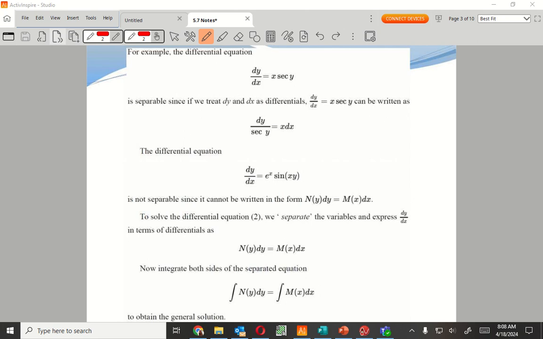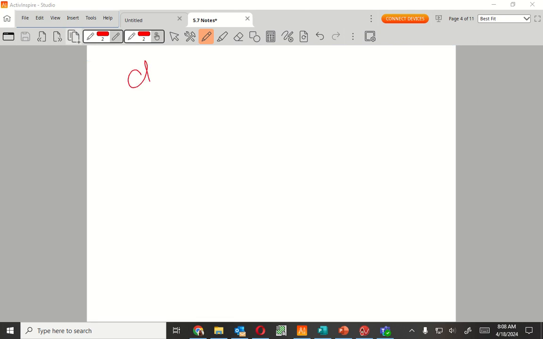Okay, for examples, see this right here? I don't know if you can see it. So x secant y. I want to get all my y's to the left, x's to the right. So what would I do to my dx to get it over to the right-hand side?